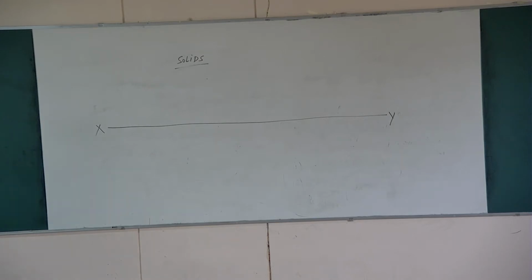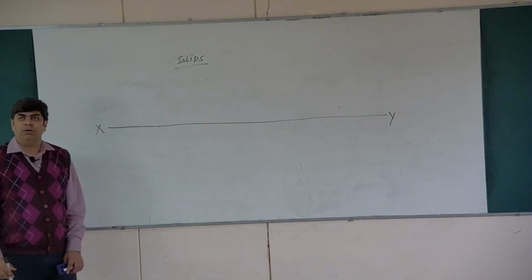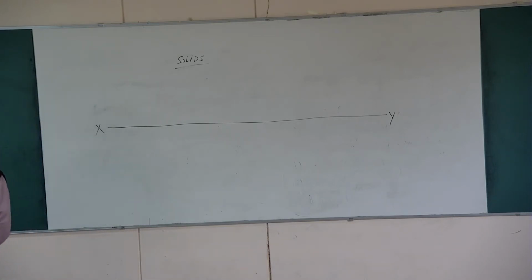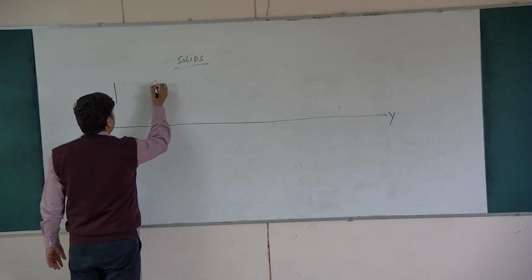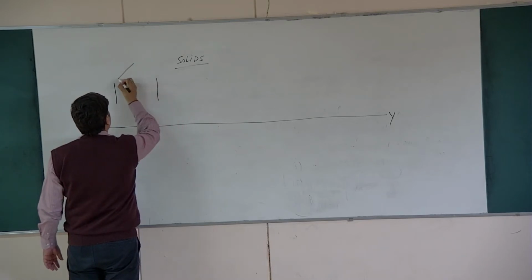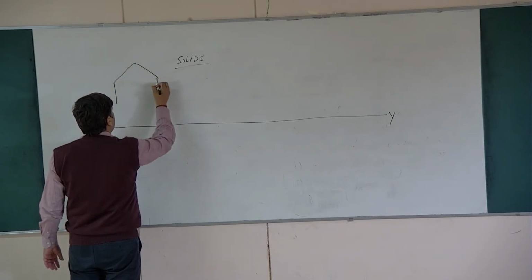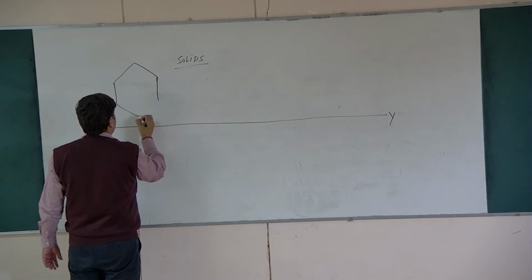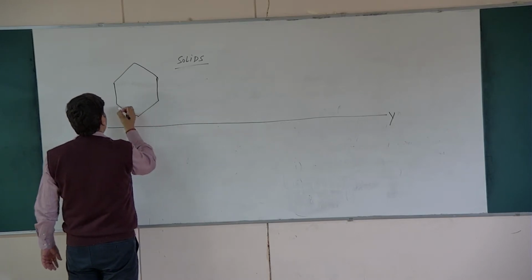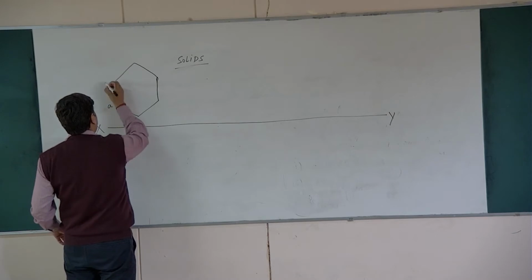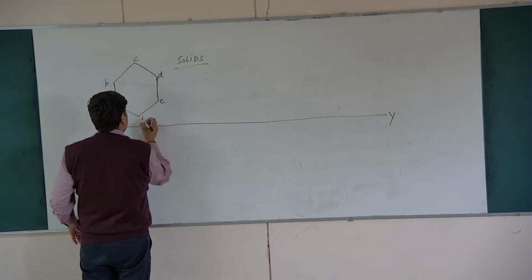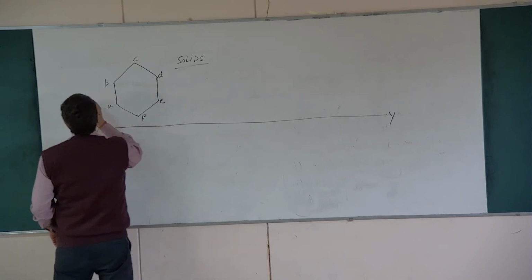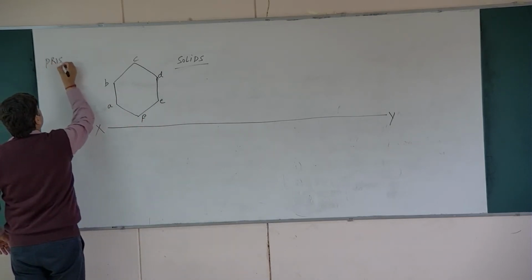The first step is to decide what type of hexagon it will be, whether it will be a corner type or edge type. As per the problem, you have the edge type of hexagon. So, I will draw the hexagon. Now, I will name it: A, B, C, D, E and F. It is a case of a prism.